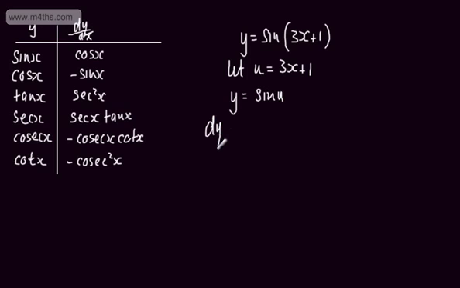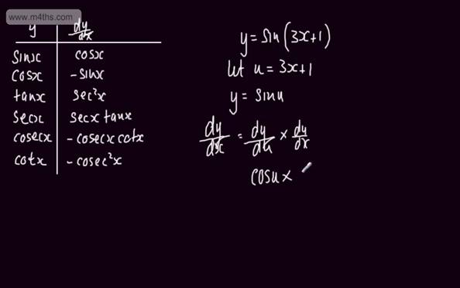By the chain rule, we can say that dy by dx will be equal to dy by du multiplied by du dx. So, if y is equal to sine u, dy by du is going to be cos u, and we're going to multiply that by du dx. If I'm differentiating u with respect to x, we simply have 3.